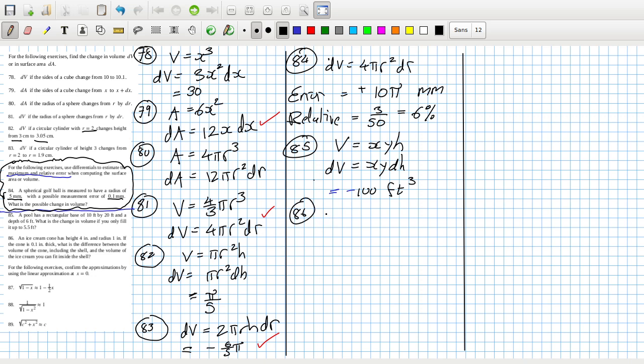Okay, so I guess you can call that a dV. So that would be 1/3 pi r squared h, but what's different is the thickness, minus 1/3 pi r squared h.